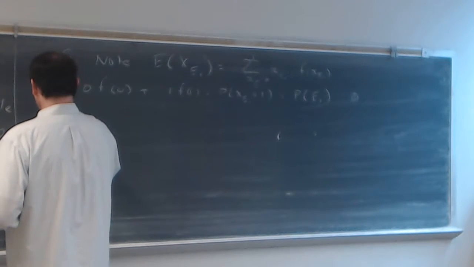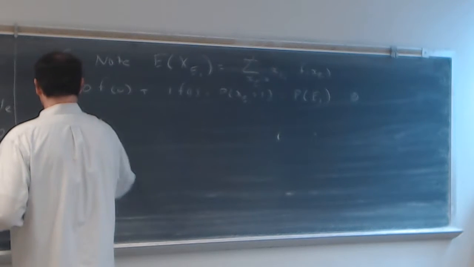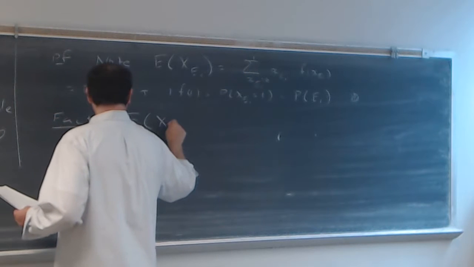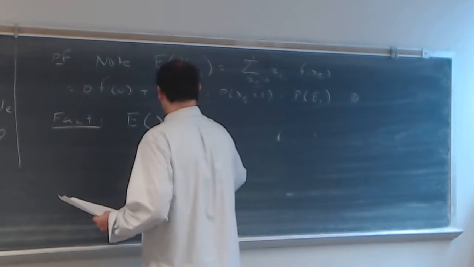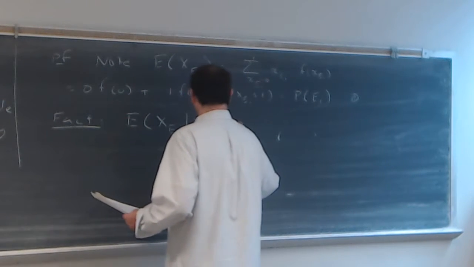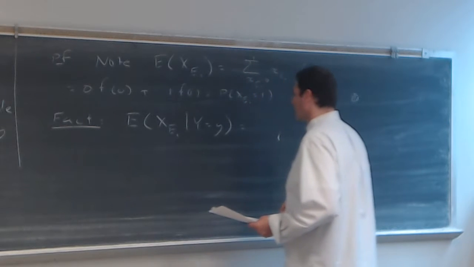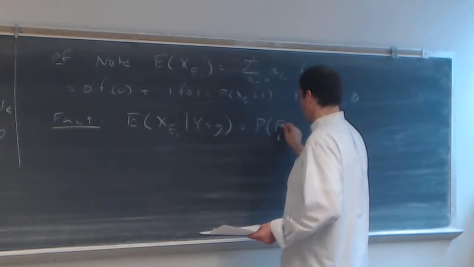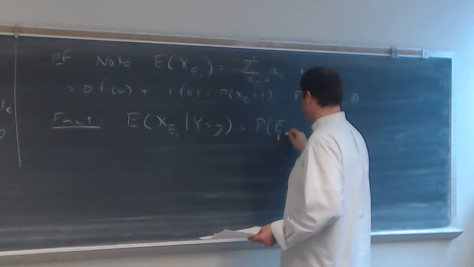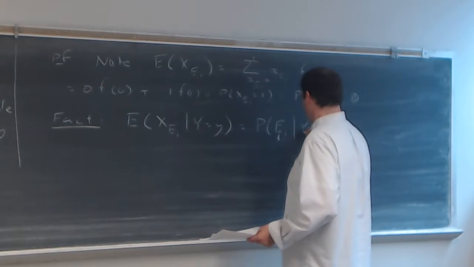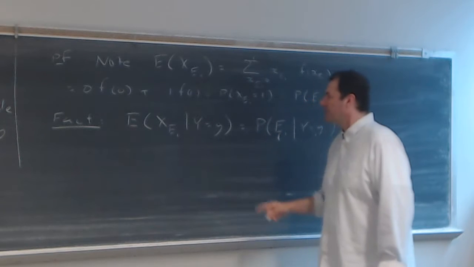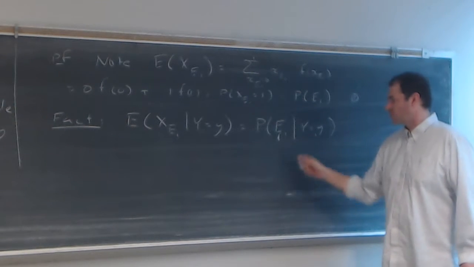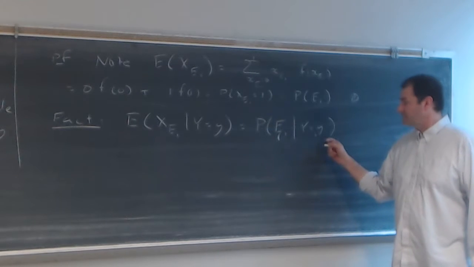As another fact, the conditional expectation of X of E sub 1 given some random variable Y equal to y is equal to the conditional probability of E sub 1 given Y equal to y. Now look, this is a random variable with respect to Y, some function of Y, and so is this.